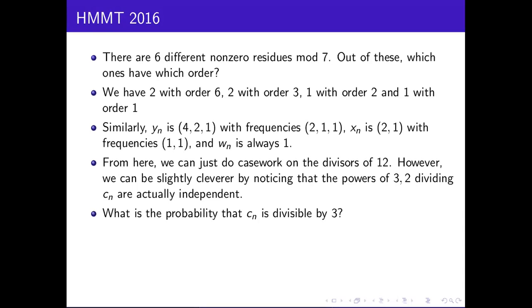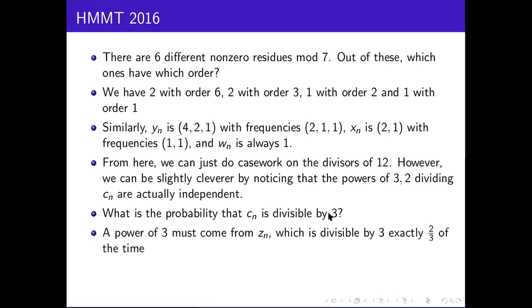Not exactly. So it's not going to be 1/3. It's going to be 2/3, because the only place where C of n can get a factor of 3 is from Z of n. And Z of n is 6 or 3, 4 out of 6 of the times. So C of n is going to be divisible by 3 2/3 of the time.